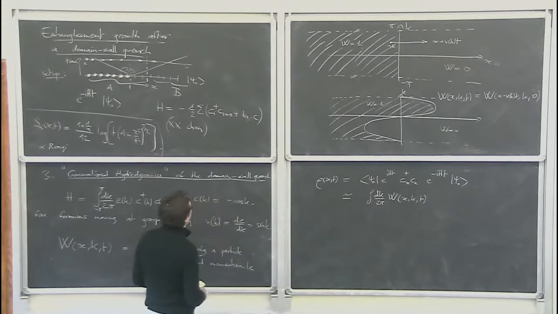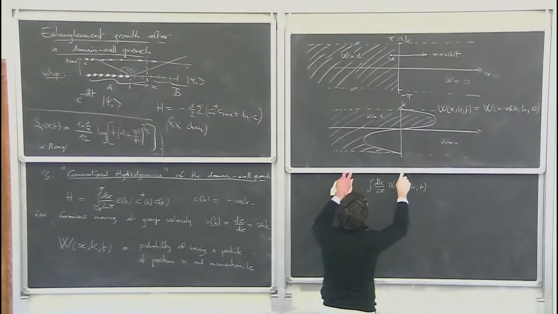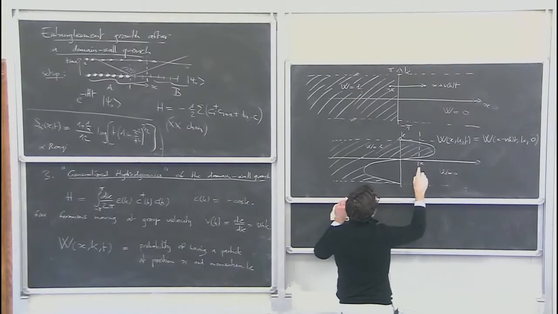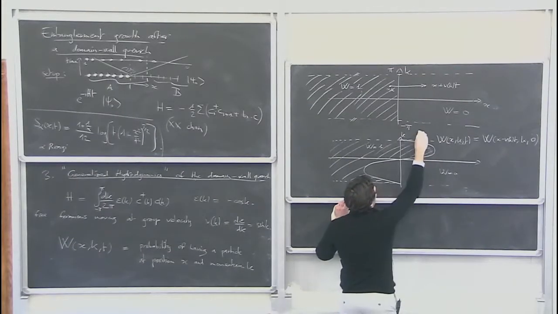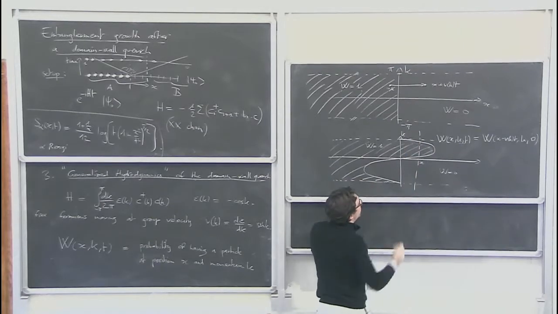So in other words, if I want to know the density at a given position, let's say here, I need to integrate W along the vertical axis at this position.